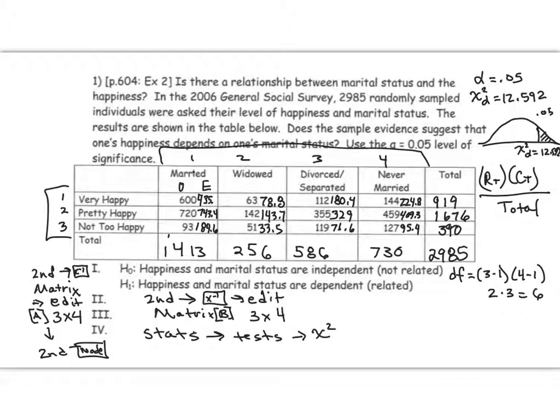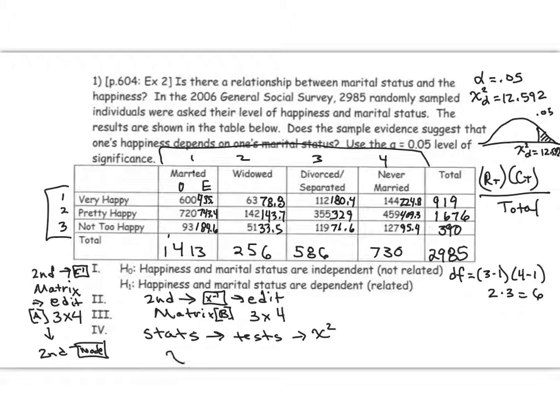Again, all you have to do is hit enter and enter, because you should have matrix A and matrix B as your observed and expected matrices. And then you just hit enter for calculate.